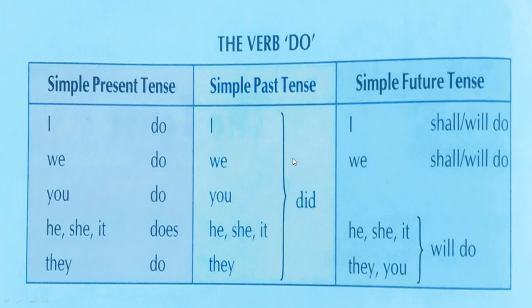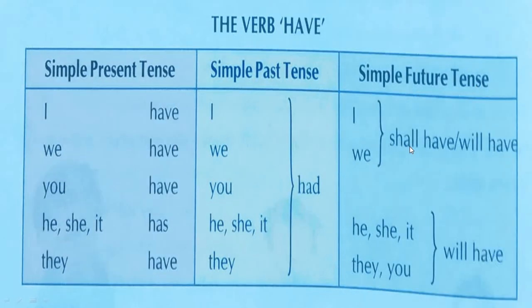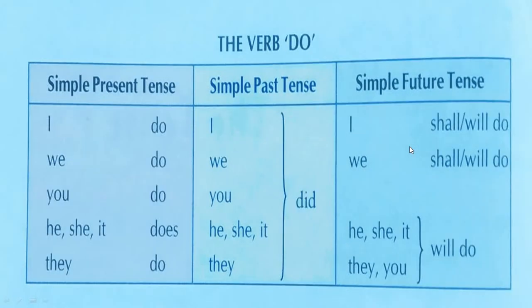In the past tense, it becomes did. Okay, for do also it becomes did. Does also it becomes did. So I did, we did, you did, he, she, it did, they did. Okay? And in the future tense, we use the main form of the verb. What is the main form? Do.